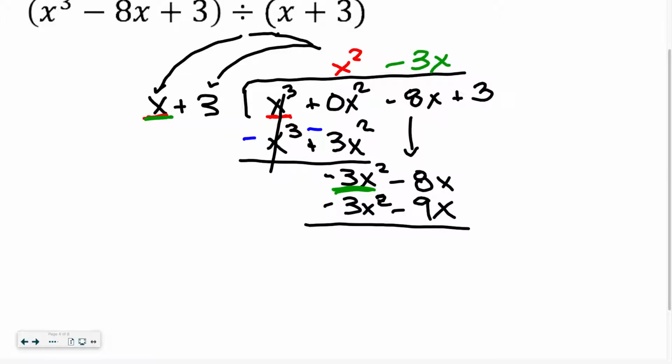But remember, you're really subtracting the second line, so change them to positives. Okay, it's minus all of that. And minus all of that would be distributing my negative. Don't just subtract the first term, you have to subtract the second term. And then I get a 1x, thank you. Bring down my plus 3.